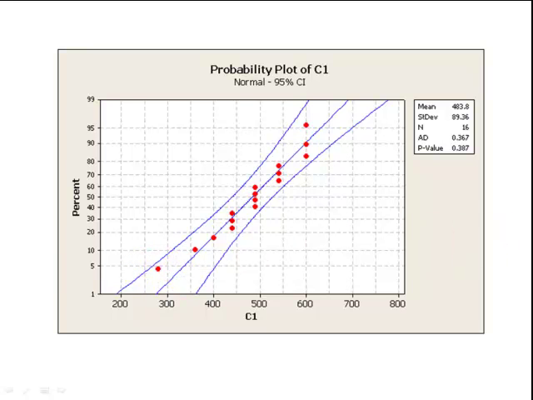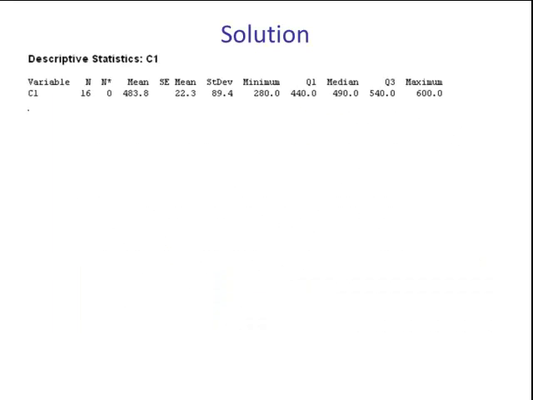The next thing we have to decide, are we going to use a t or a z? Since there was no mention of sigma, the population standard deviation, we'll have to take the data and compute s, the sample standard deviation. I will show you how to do this in video number 3. These are the statistics that Minitab computed.